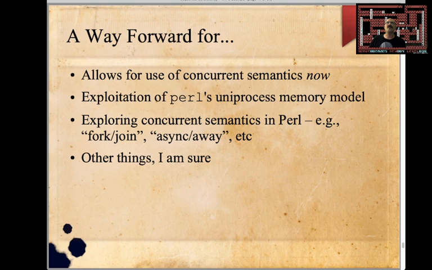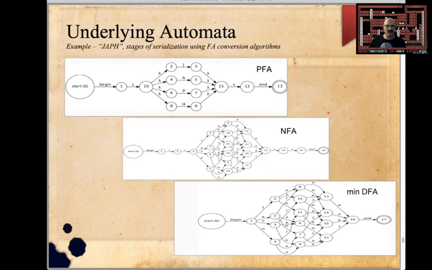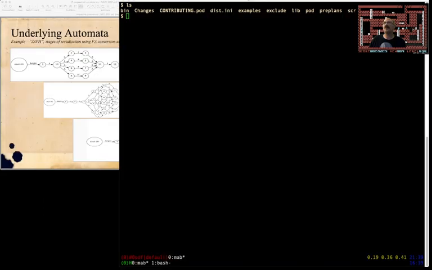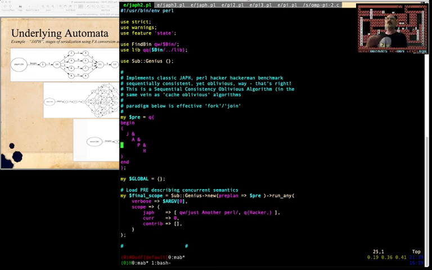All right, so I think that what I'll do now is switch over to this view where I can run the demo. And I believe I have the code up.